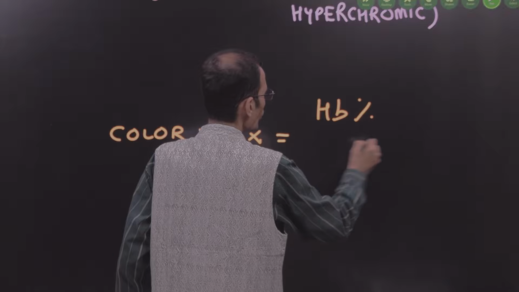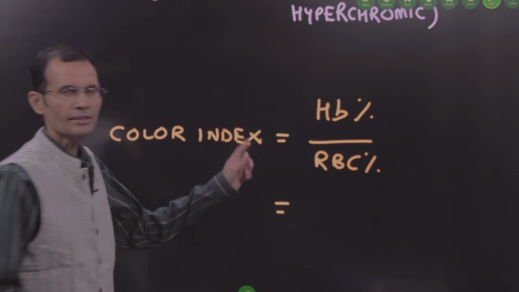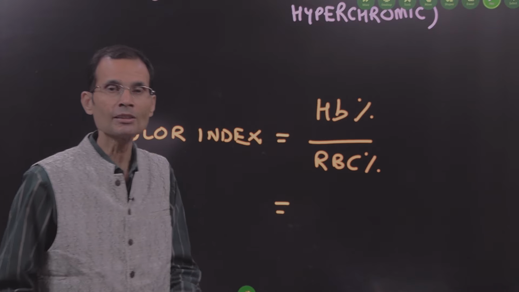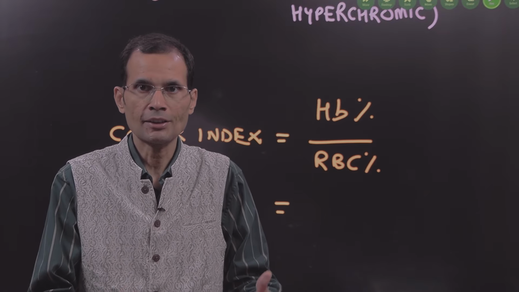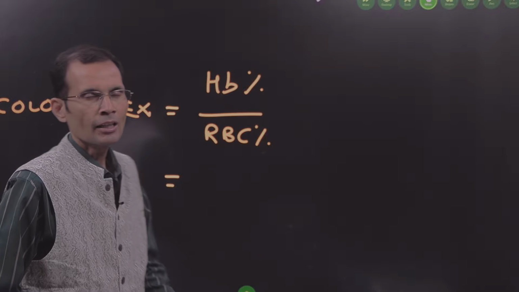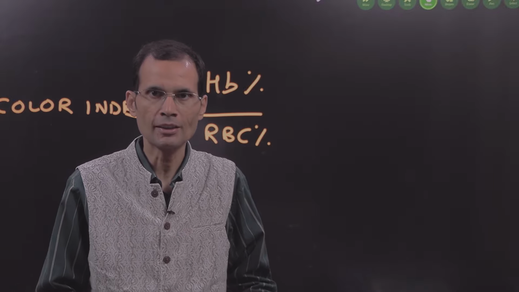It is hemoglobin percent upon RBC percent. Please understand, it's not the absolute values of hemoglobin and RBCs. It's the percent of hemoglobin upon percent of RBCs. 15 grams of hemoglobin is taken as 100%.